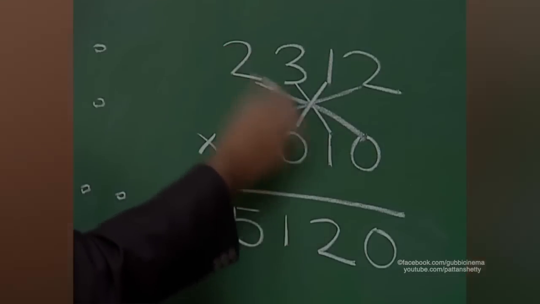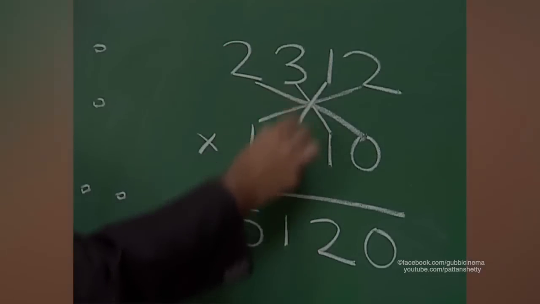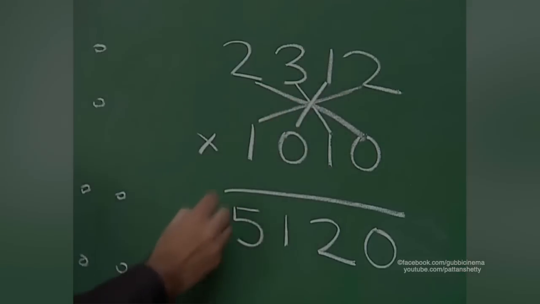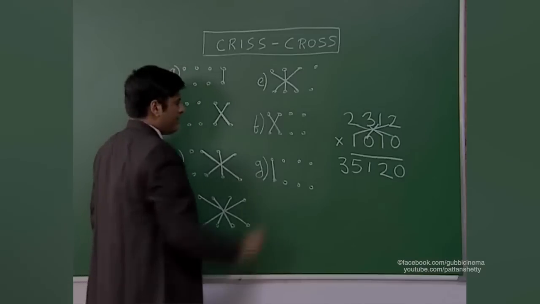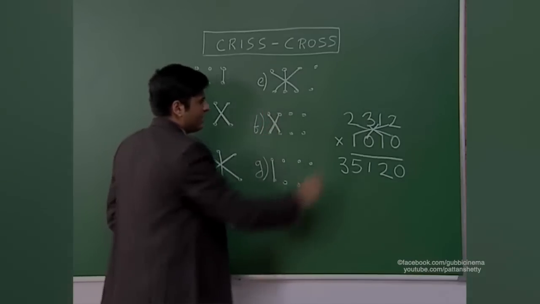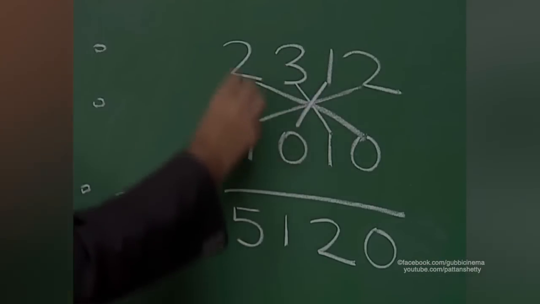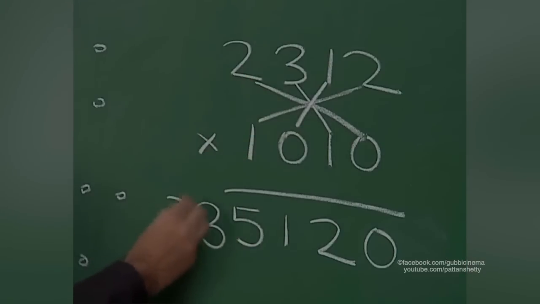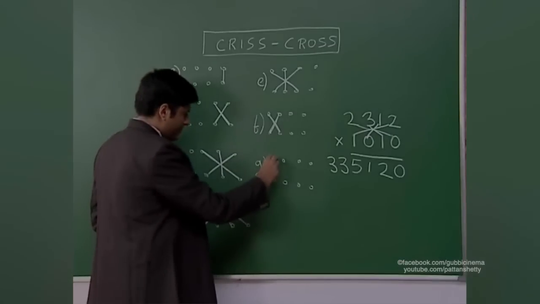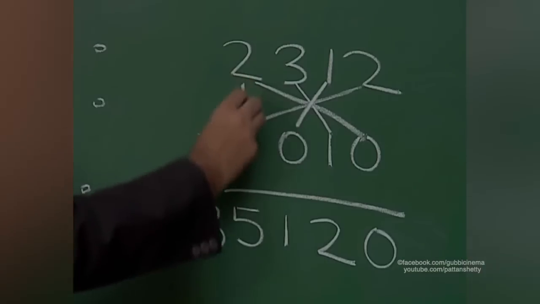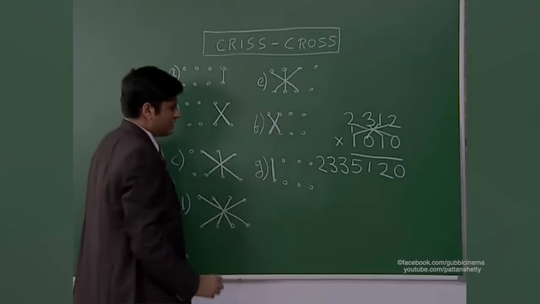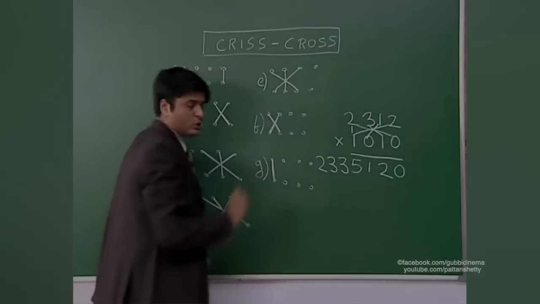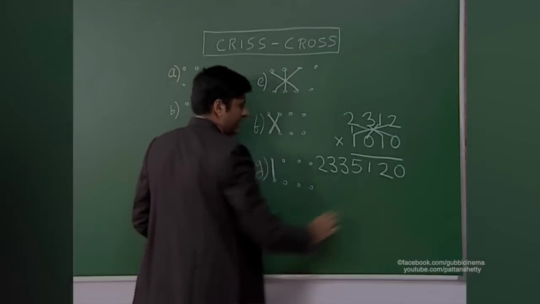So we have 2 plus 0 plus 1, that is 3. Step F says like this and like this. 3 ones are 3, 2 zeros are 0. 3 plus 0, 3. Last step says multiply these two numbers. 2 ones are 2. My final answer is 2, 3, 3, 5, 1, 2, 0, which you can see I got in only one line.